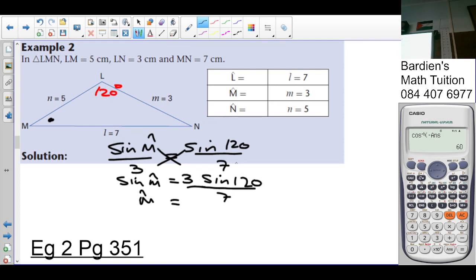Okay, so angle M, it won't be the ambiguous case, because the cos rule has eliminated that already. So it's 3 sine 120 over 7, which gives us 3 root 3 over 14, then inverse sine thereof gives me 21.8.